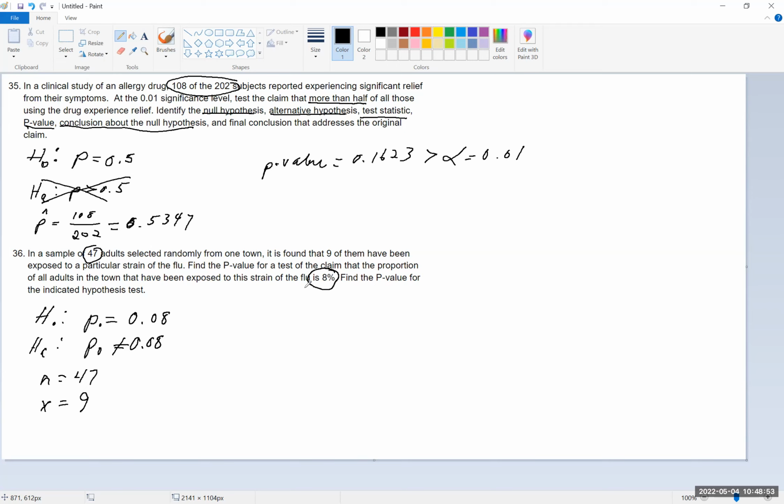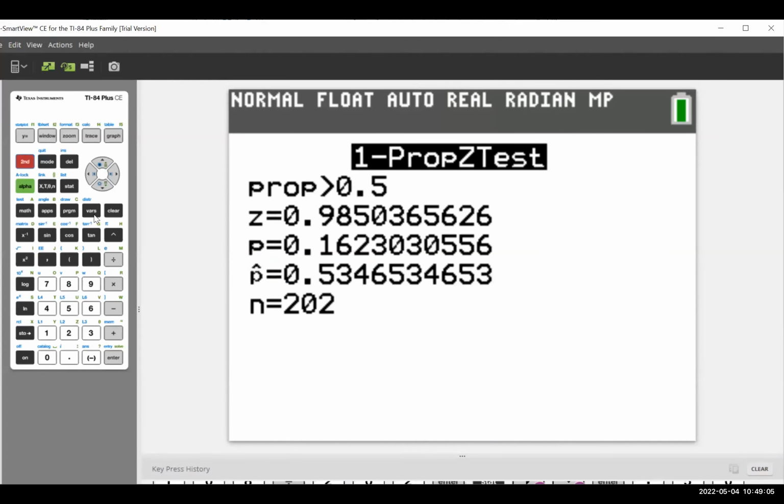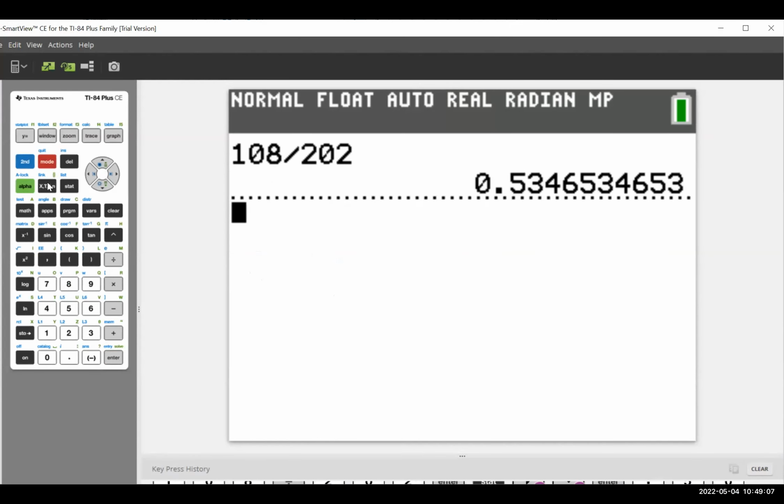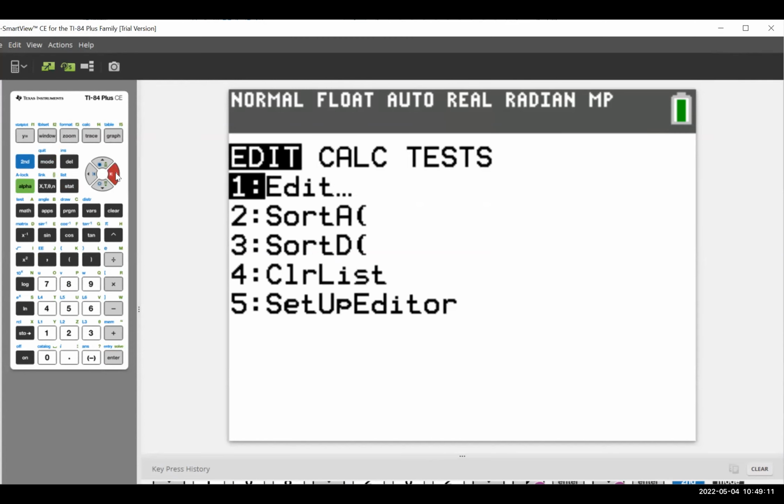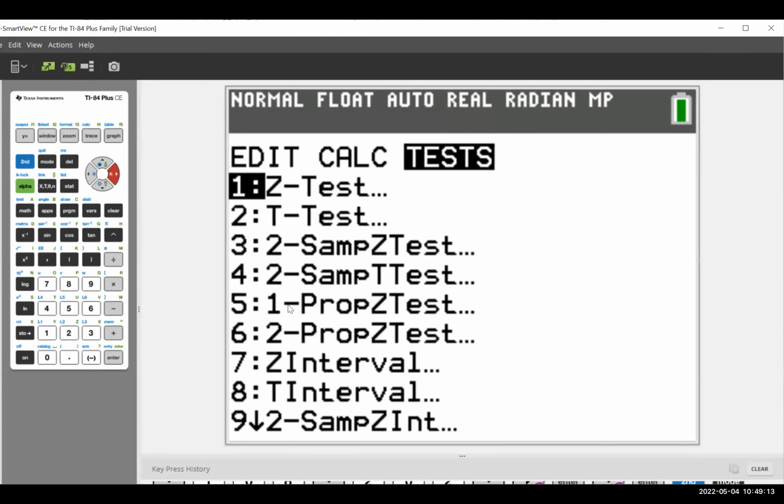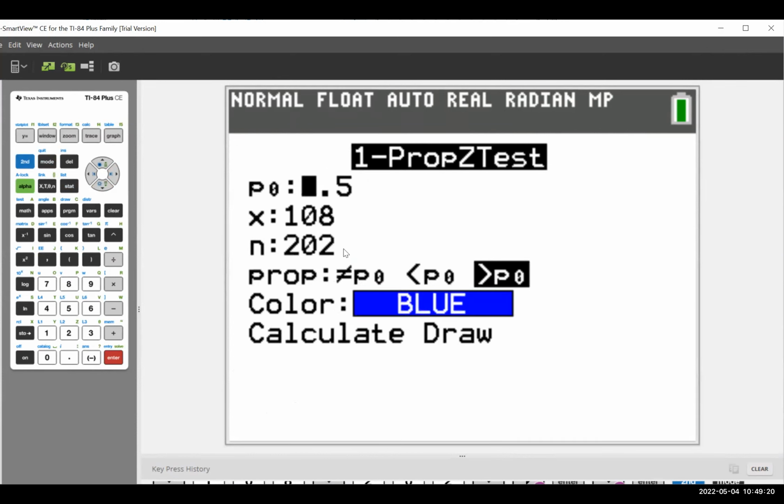Okay, so let's go ahead and go to the calculator. Let's go back to the main screen here. We're going to go to STAT. It's a one proportion z-test as well, so the same test.